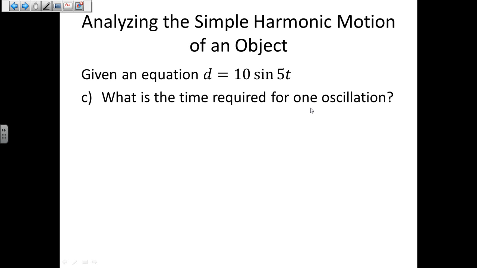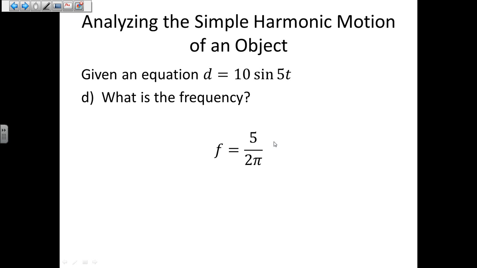Again, what's the period for this motion? So I set p equal to 2 pi over omega. Here's my omega value, so my period is 2 pi over 5. Obviously, we should reduce this if we can. This one we can't reduce. What's the frequency? Well, just flip the period, so 5 over 2 pi.